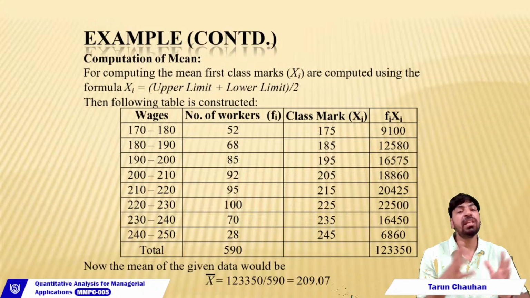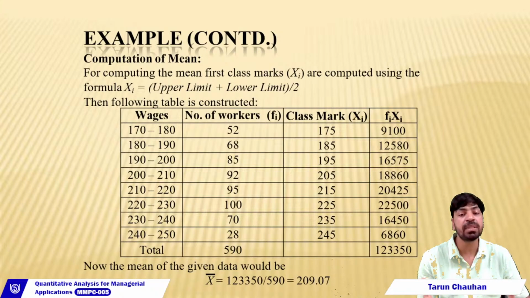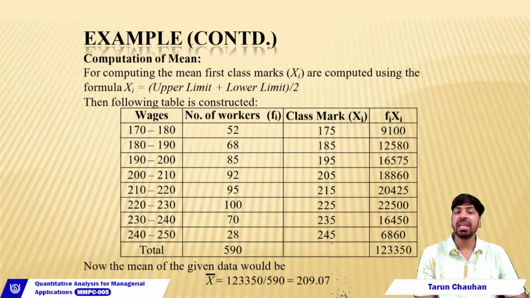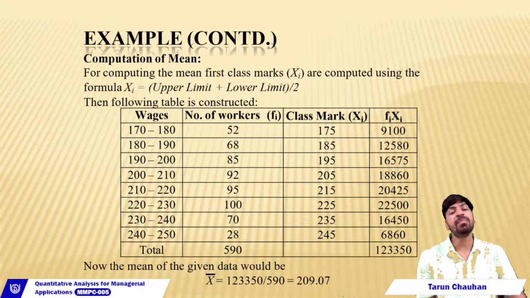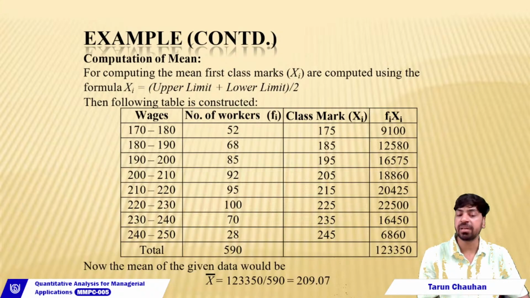If the frequencies are large in number, 100 or more than 100, then you have to calculate the mean using the step deviation method or shortcut method. But in this case, the number of frequencies is not so large.